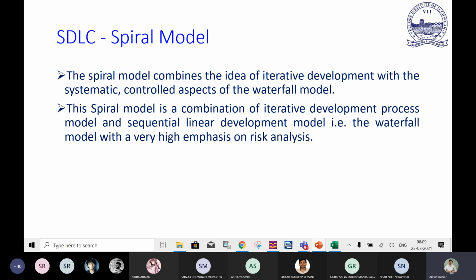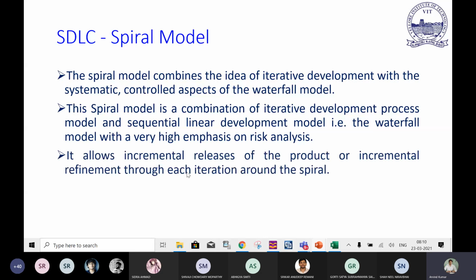So step by step, crystal clearly defined steps are there, who is going to do what. And it allows incremental releases of the product or incremental refinement through each iteration around the spiral. That was not possible in the iterative model, but here the amendment is possible.